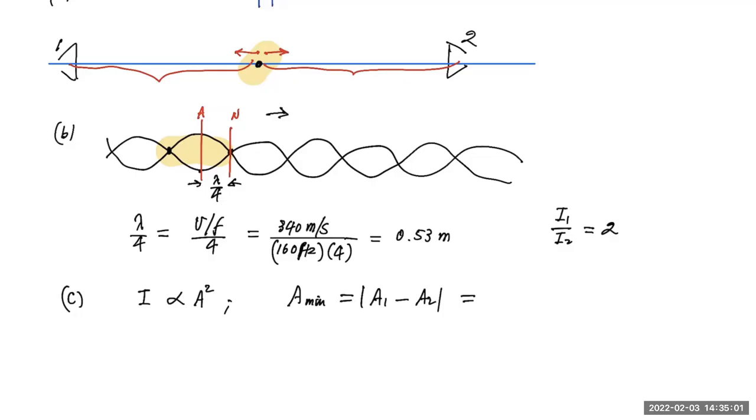Okay, what about A1 and A2? Well, A is not equal to I. A is proportional to the square root of I, or we also say that I is proportional to A squared.